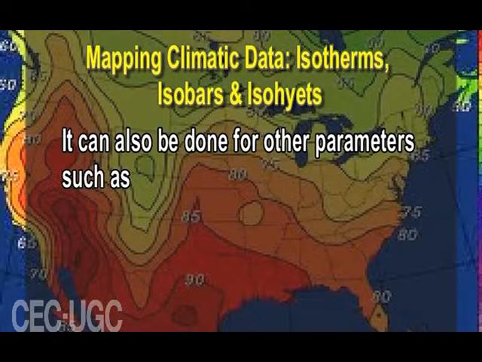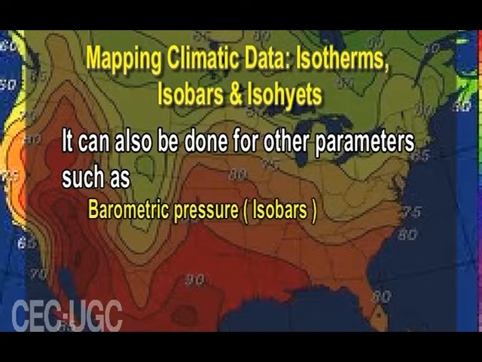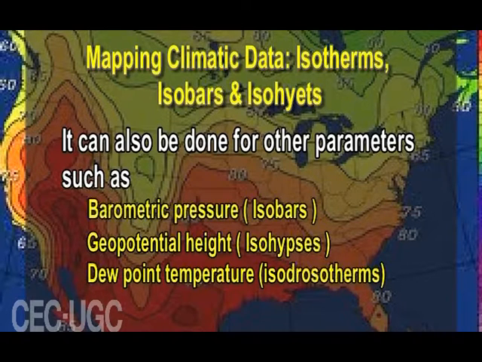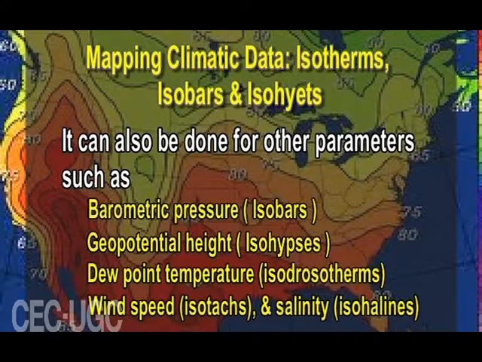It can also be done for other parameters such as barometric pressure, that is isobars, geopotential height, that is isohypsis, dew point temperature, isodrosotherms, wind speed, which is also known as isotachs, and salinity, which is isohalines.